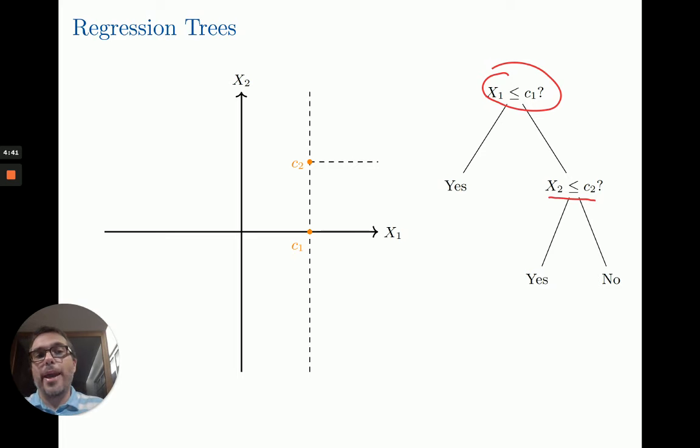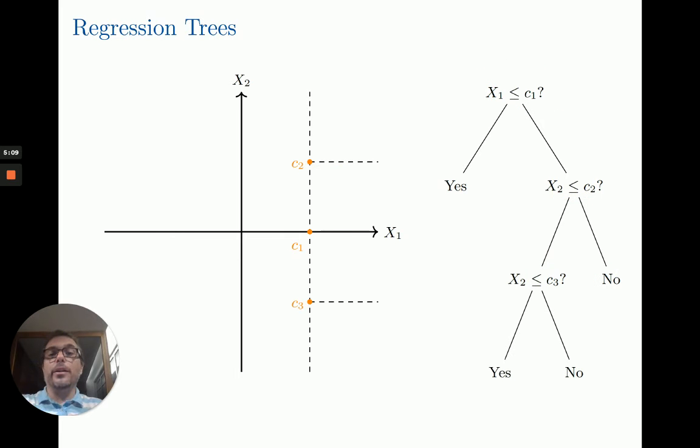For the points where x1 is less than c1, is x2... for the points where x1 is larger than c1, is x2 less than or equal to c2? So we are making here a second split, and then we can make a decision, an answer to the question, a yes or no. And can we do another split?